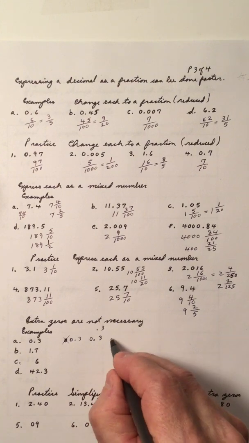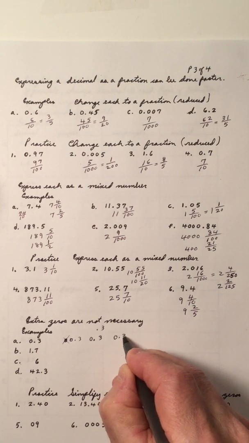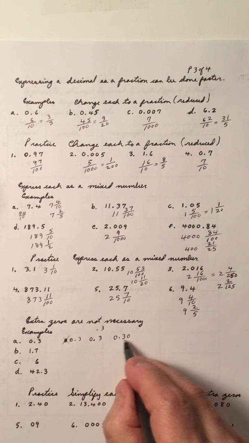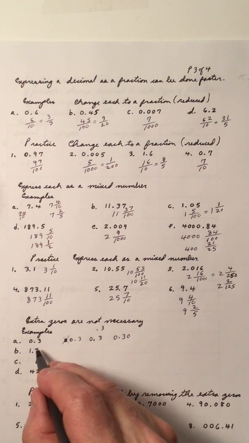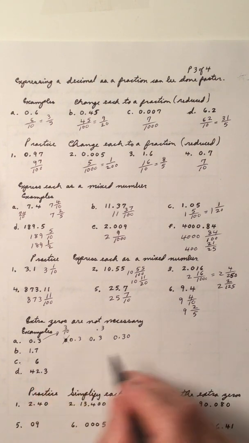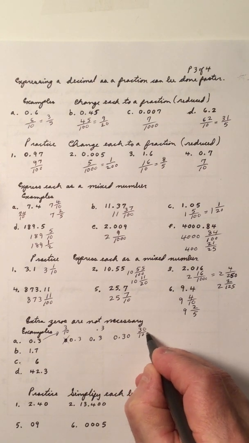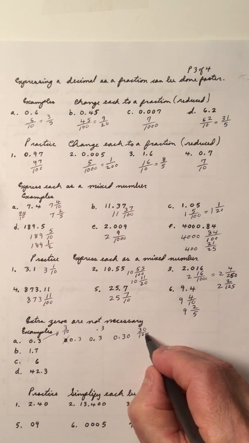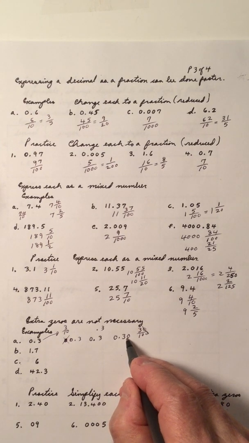You can also have extra zeros on the right side. So 0.30 is the same as 0.3, because 0.3 is 3/10 and 0.30 is 30 over 100. So 30 over 100, the zeros cancel, so I get 3/10. So that 0 is not necessary.